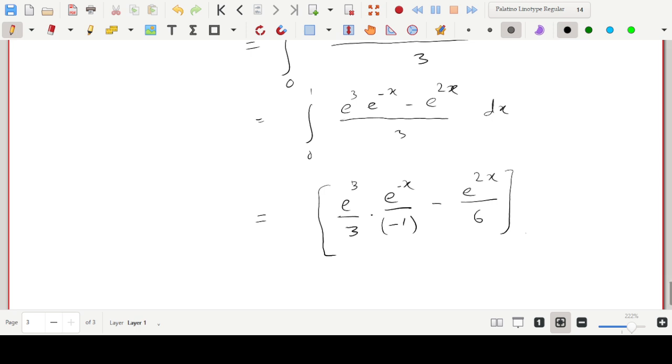And now substitute the limits of integration. Alright, so here e cubed multiplied by e to the power negative 1, so that is e squared.